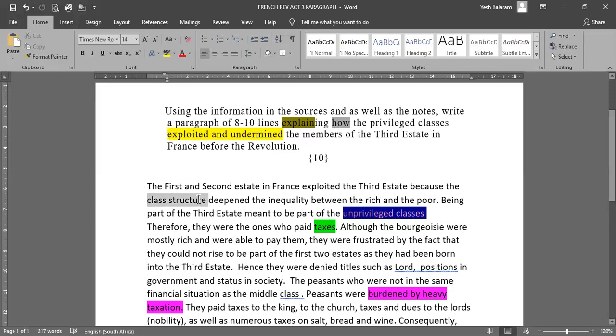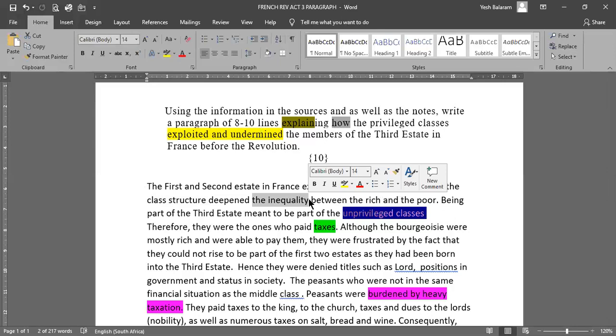They talk of the class structure in French society. You will recall the French society was divided into the first, second, and third estate, which created the inequality between the rich and poor. Inequality means a society where there are extremely rich people and the vast majority generally are very poor. South Africa is a typical example of this.